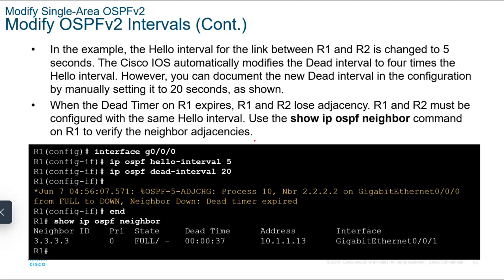Remember, we said the hello, if it is 20, then it's times 4 to get the dead time. The hello interval is 5, and then the dead interval has to be times 4.